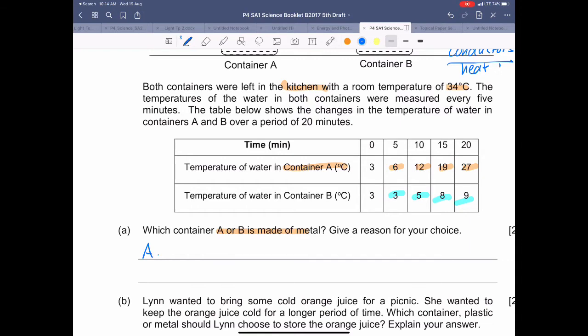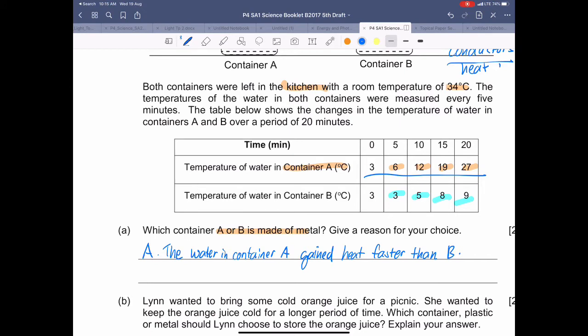So you can say that, like I told you, the water in container A gained heat faster than B. So what does this show?